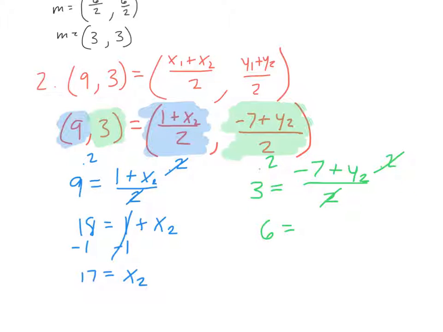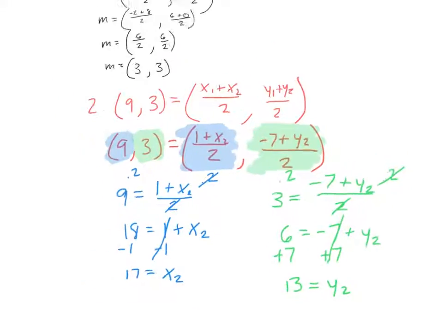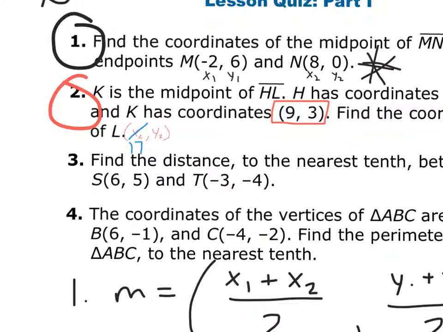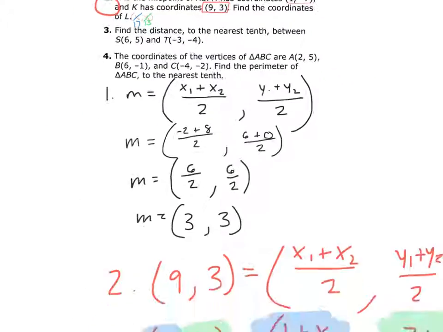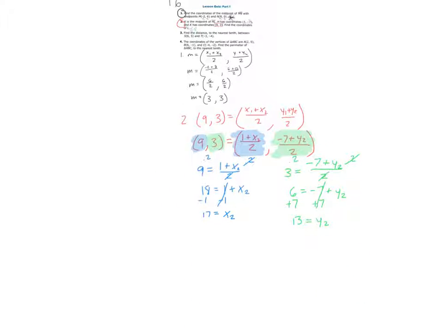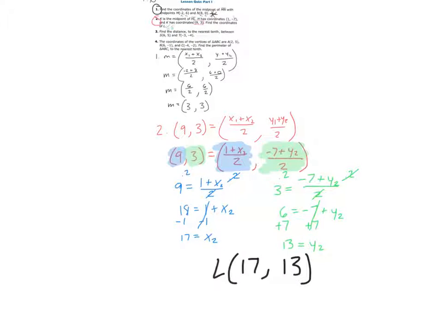We have 6 is equal to -7 plus y2. We add 7 to both sides, so the 7's cancel out, and we have 13 is equal to y2. So we can take this, go back to our points for L, cross out the y2, and put 13. So our coordinates for L would be (17, 13). And that's the answer to number 2.